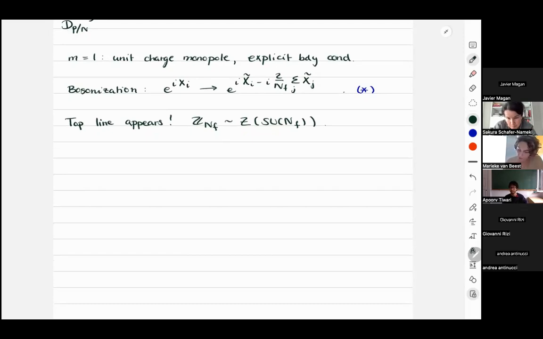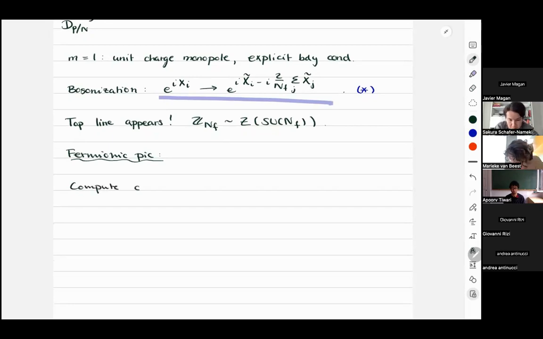So what does this process look like in the fermionic picture then? So again, we can look in the fermionic picture. And we can compute the charges in twisted sectors, just like we did for the 3450 model.